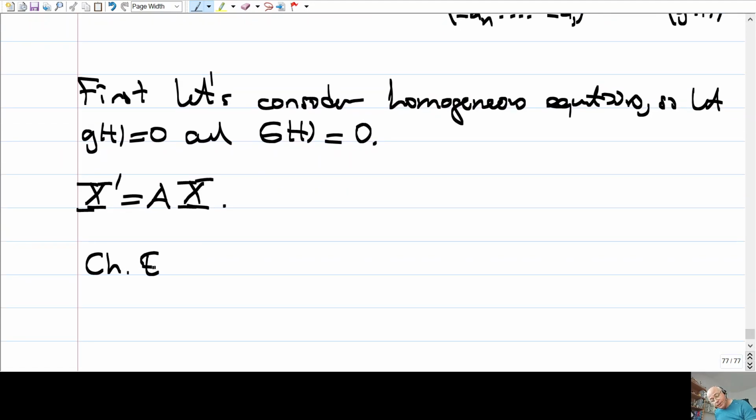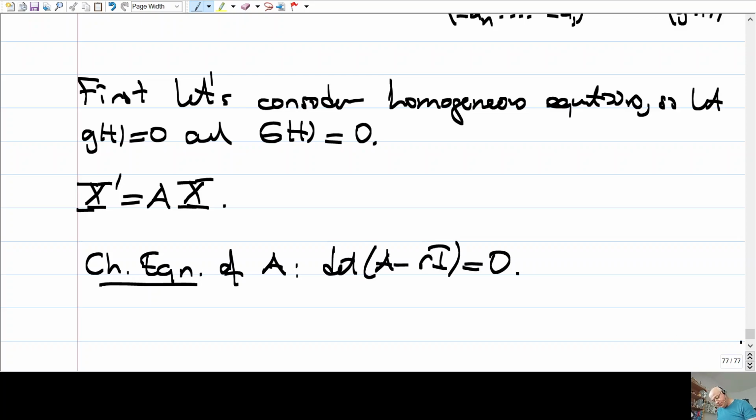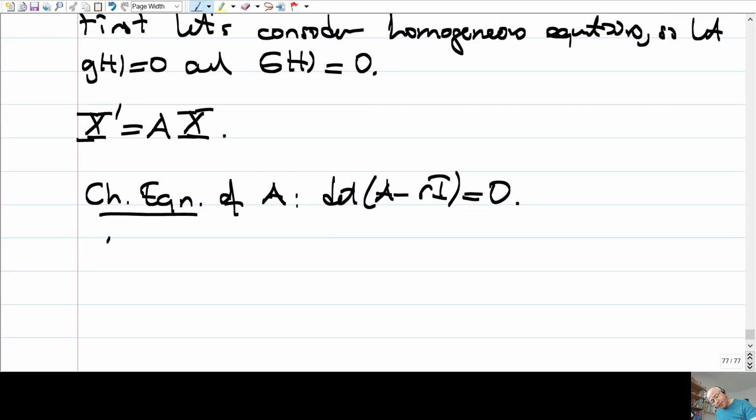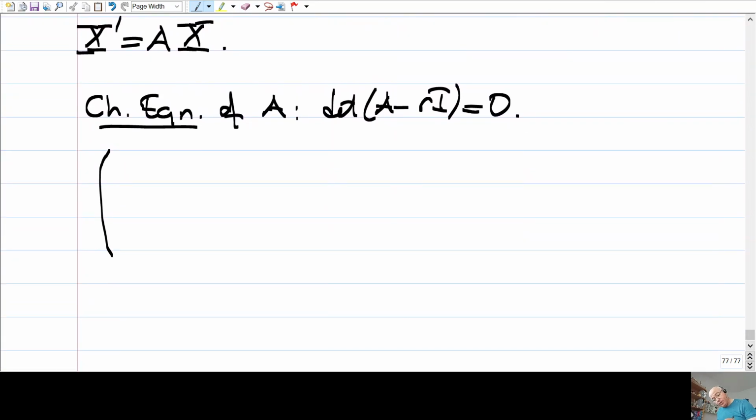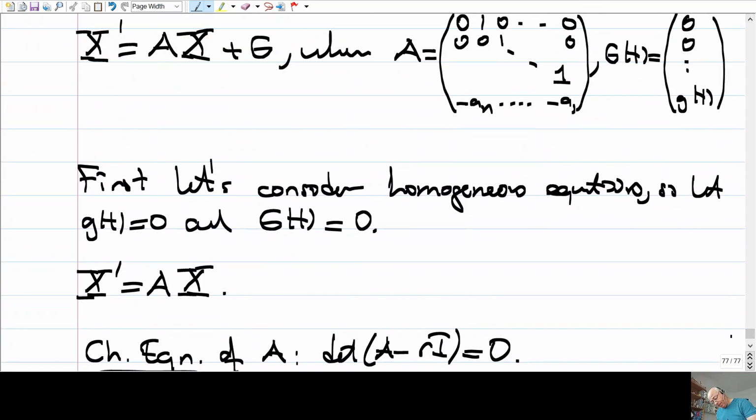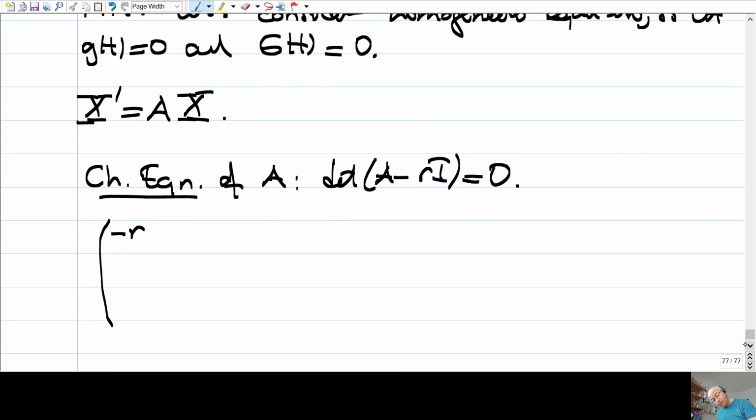So let's find characteristic equation of A. So what is this? This is just determinant of A minus R times identity. So I have this matrix then. What was it? A, okay, so minus R and then 1 0 0 0 minus R 1 0 0.